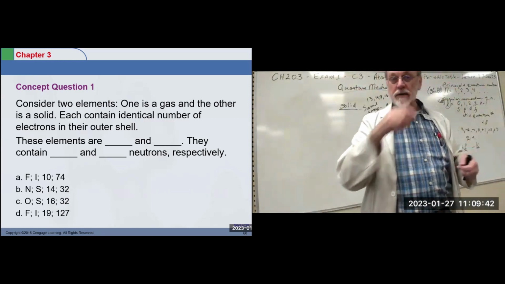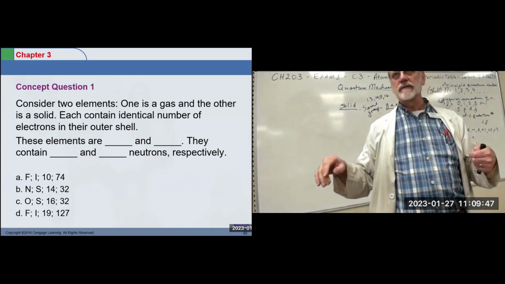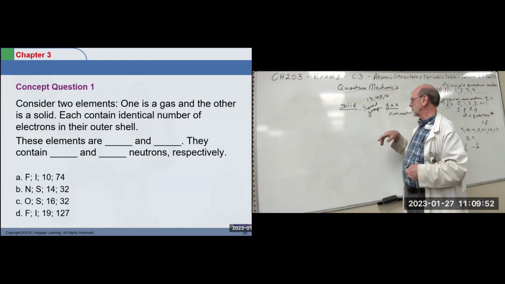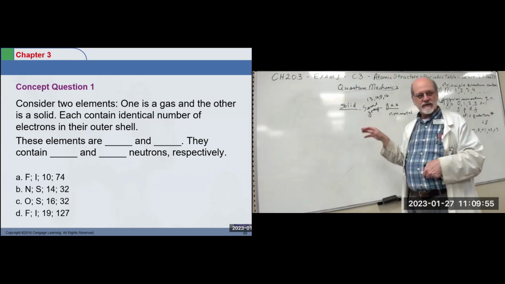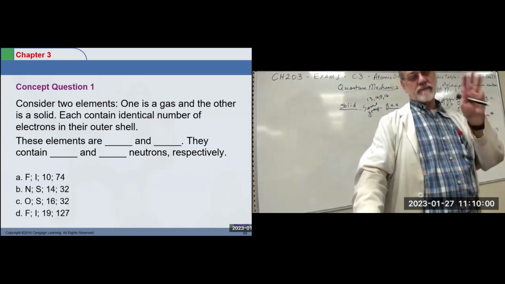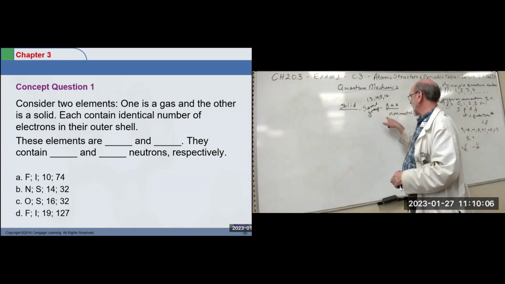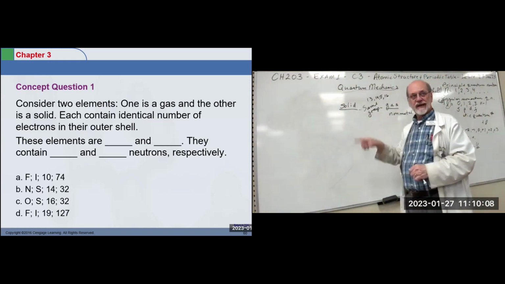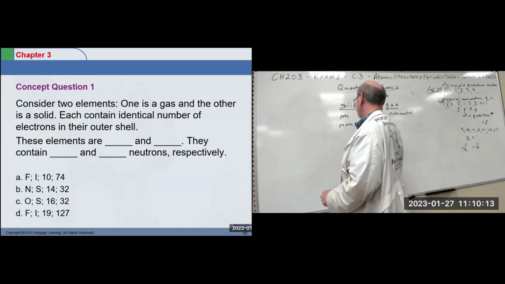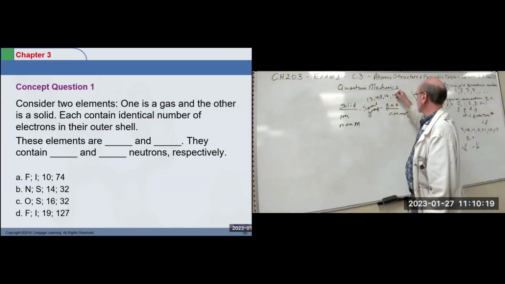All right. So knowing what we know so far, the first one, fluorine and iodine, it can't be that one, right? Because you're not transitioning from gas to solid. Okay, never mind. Solids and gas, they could both be nonmetals.